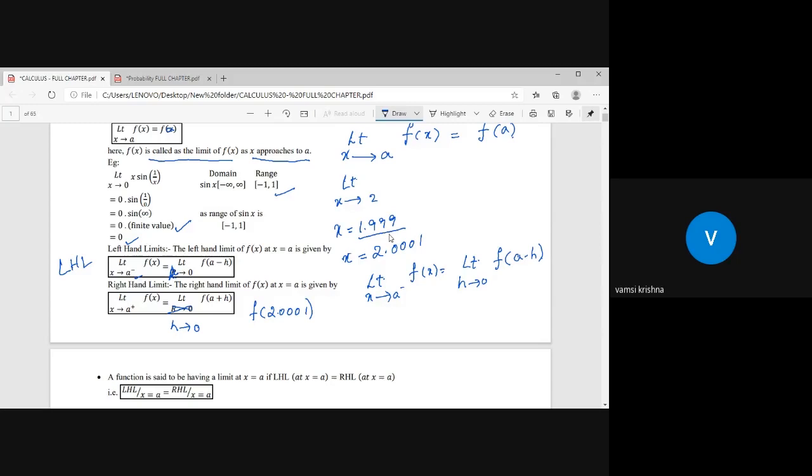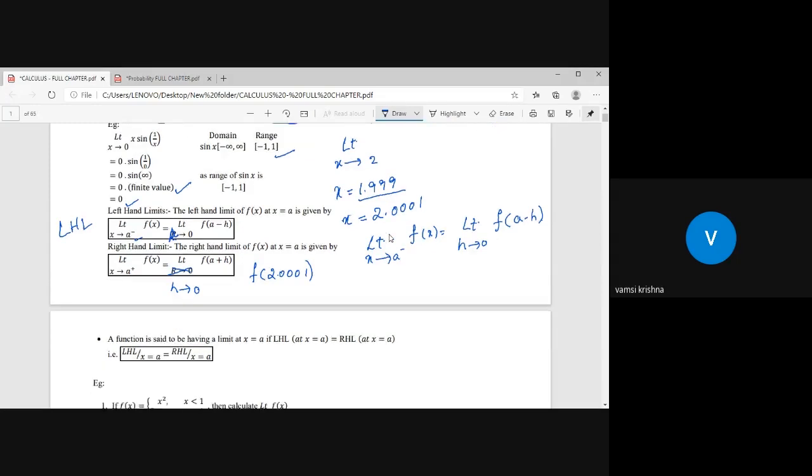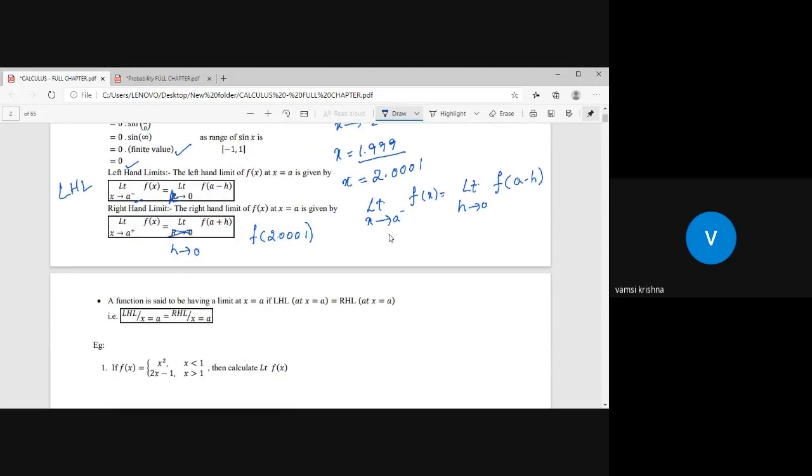So now I want to talk about limit existence. A function is said to be having a limit at x is equals to a if the left hand limit at x is equals to a is equal to the right hand limit at x is equals to a.